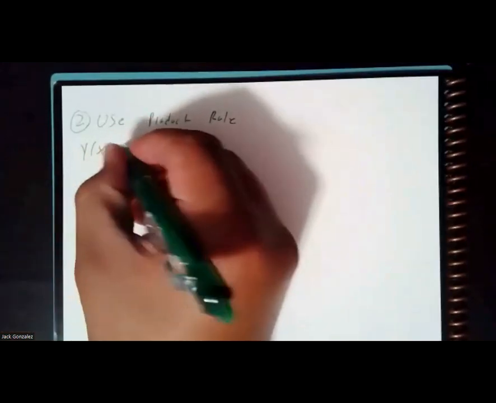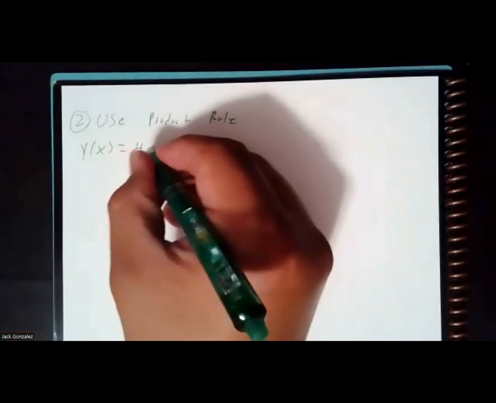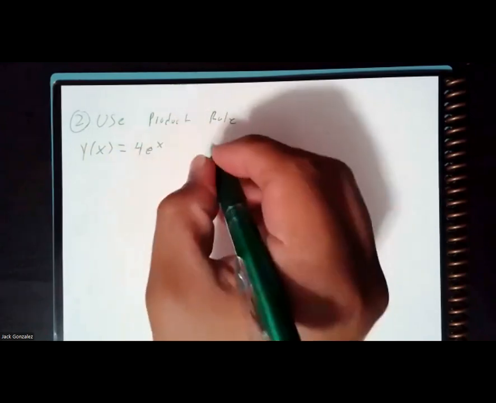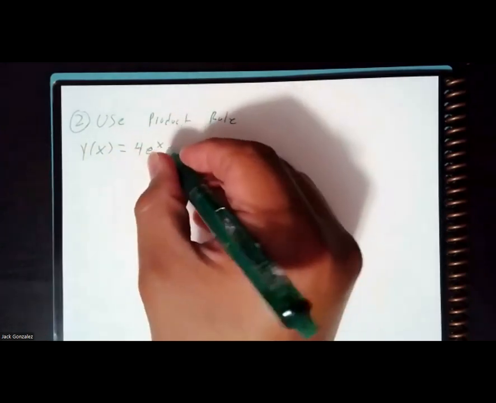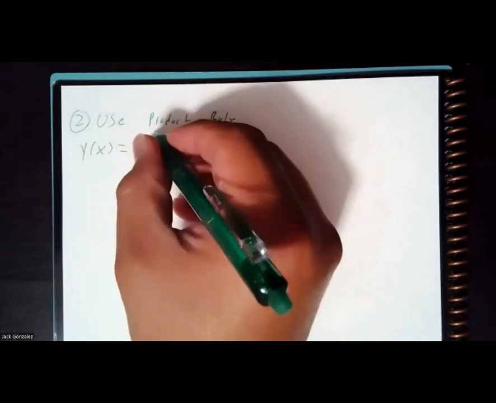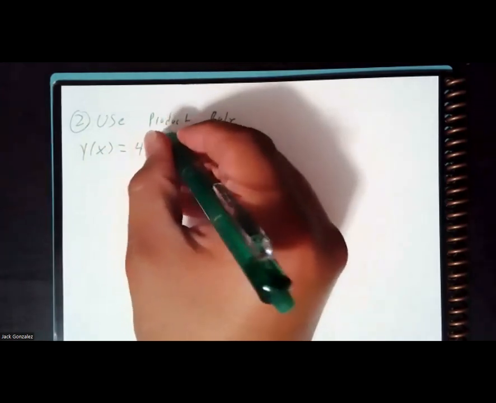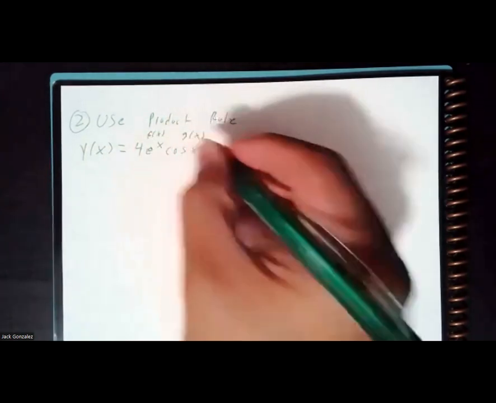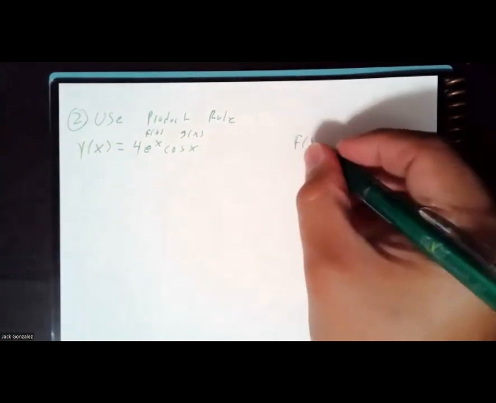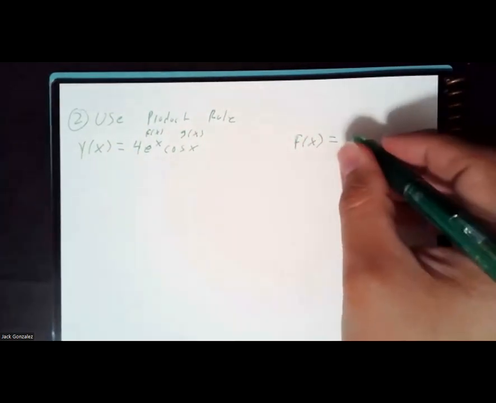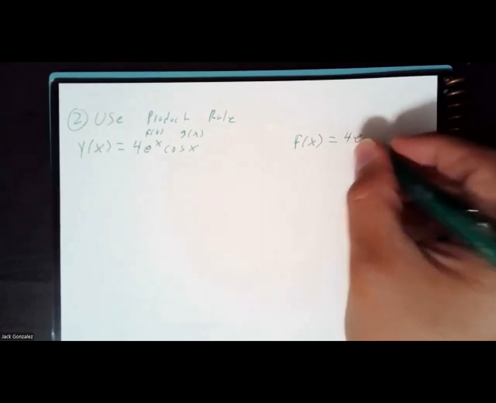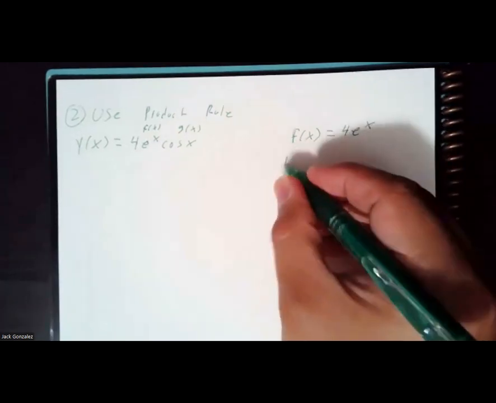You can call it y just so I can label stuff the way I want. So this right here is my f of x and g of x. So f is equal to 4e^x. What is the derivative?